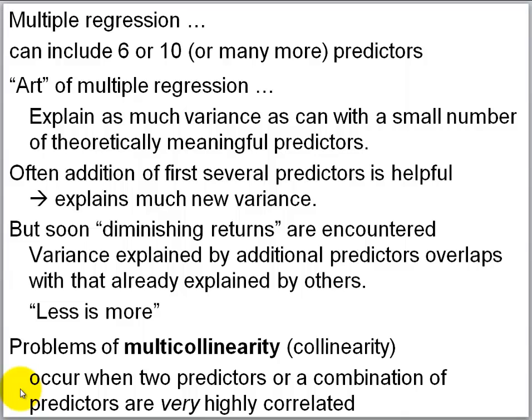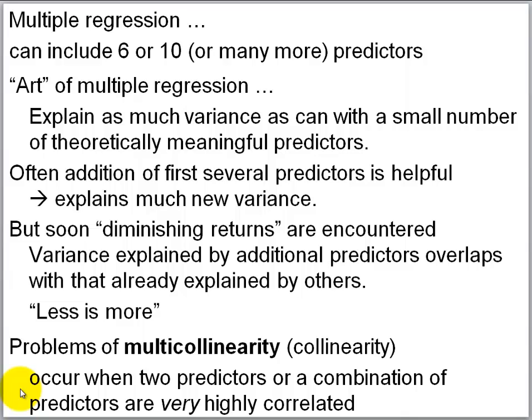In other words, multicollinearity arises when you get several predictors in a regression equation, and their circles overlap, their variances overlap to a great degree. In that situation, pragmatically you're going to need to remove one or two of the predictors to get the multiple regression equation to work more effectively.